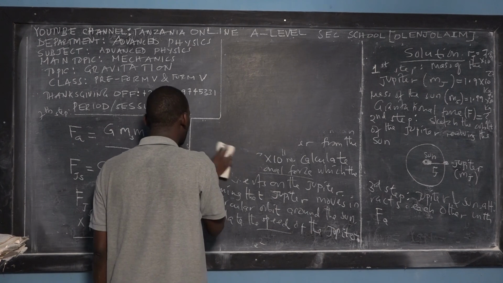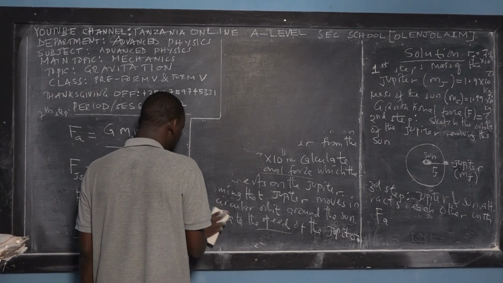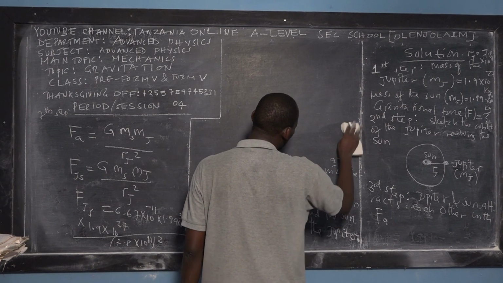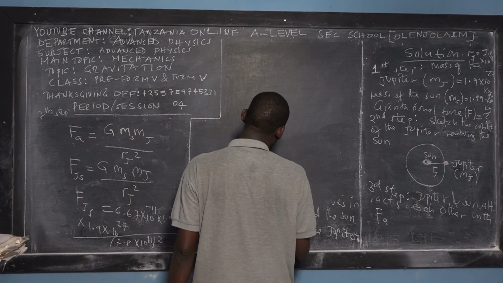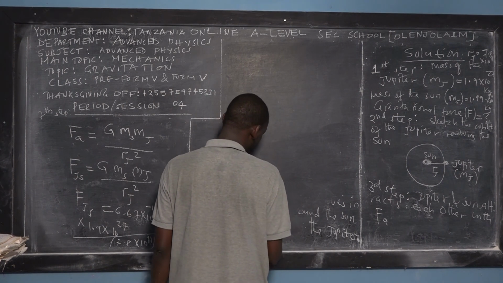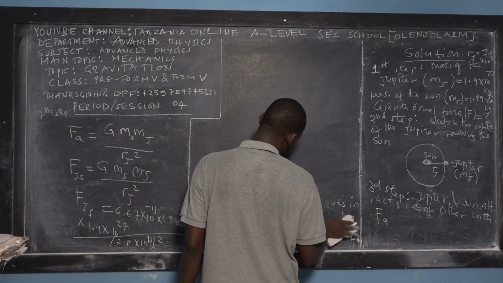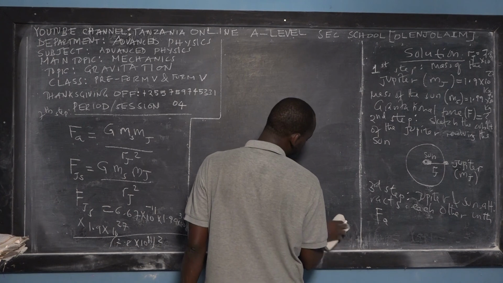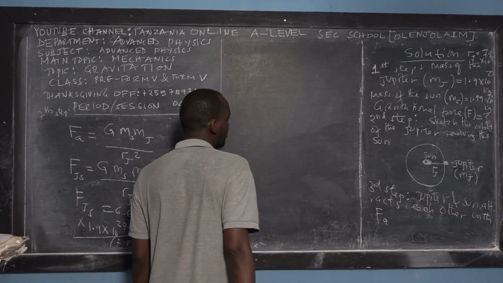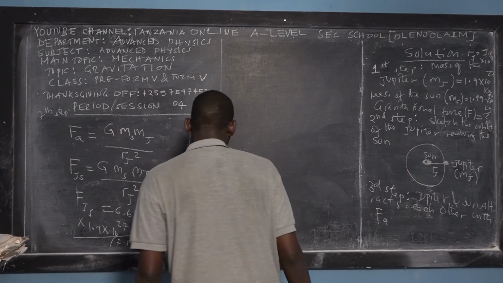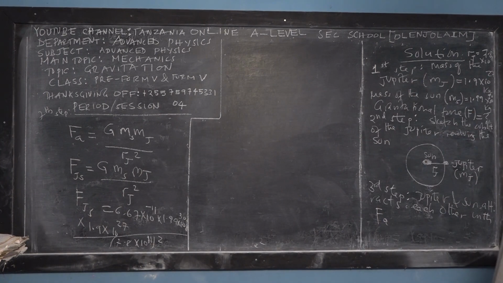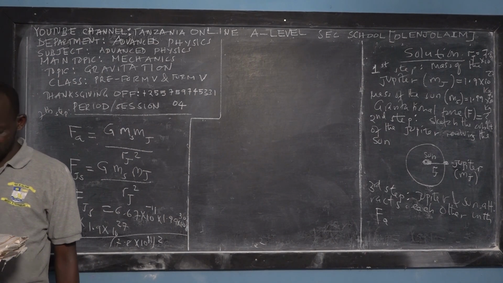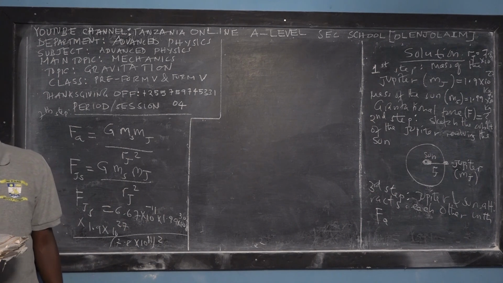In case you don't have one, please look in the description of this video, you will see how to get it. So when you do your computation, all in all, you find the gravitational force is 4.147 × 10^23.